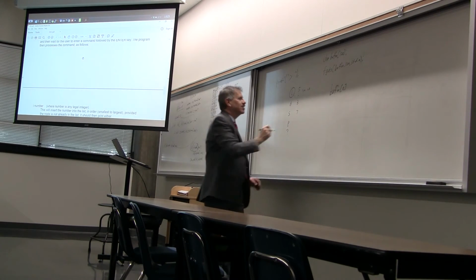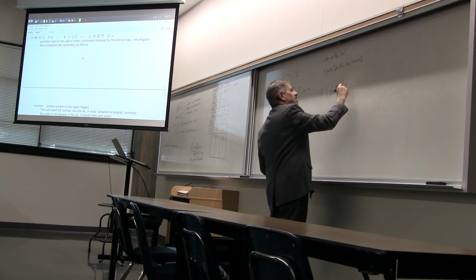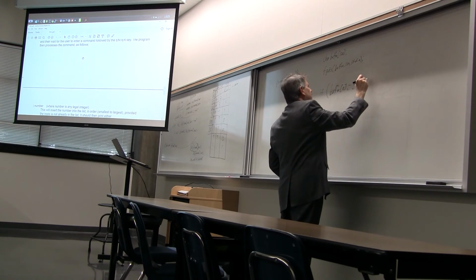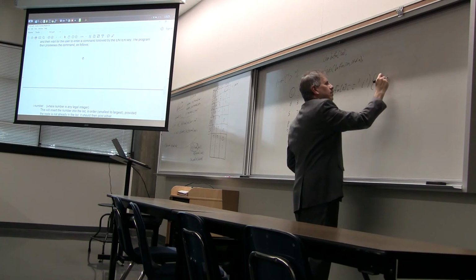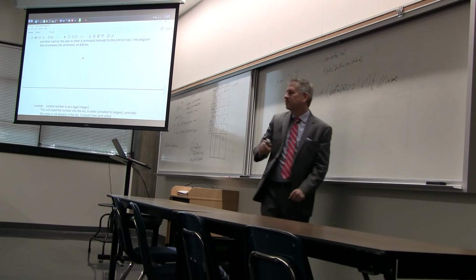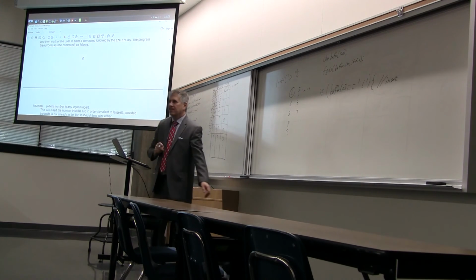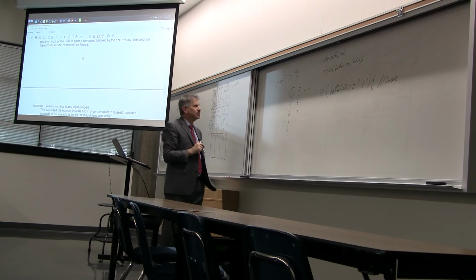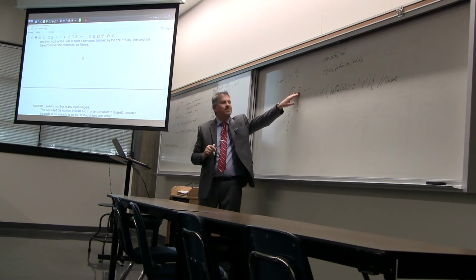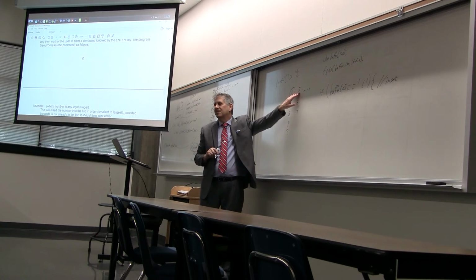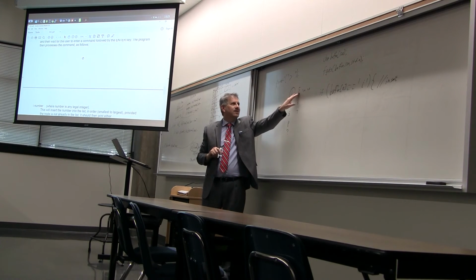So you could do something like if buffer bracket 0 equals quote I. If the first character is I, then presumably they type I followed by white space followed by an integer. What you need to do next is figure out the value of this integer. That's where scanf will come in.